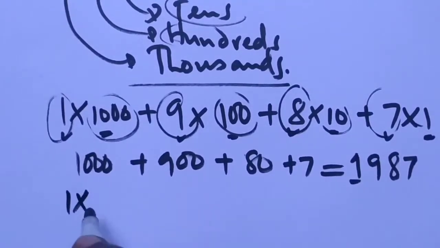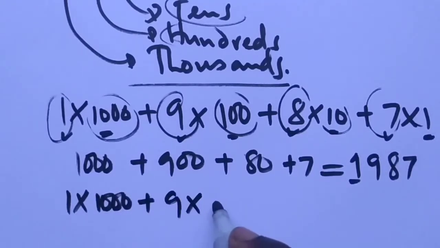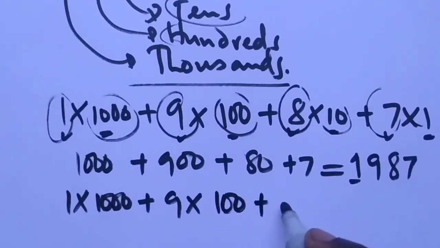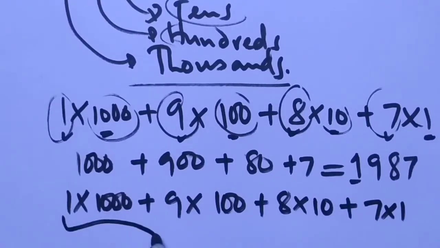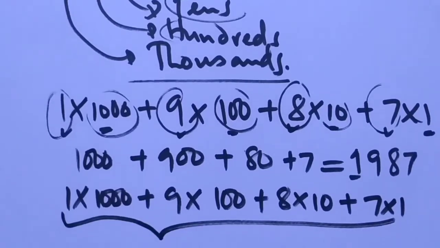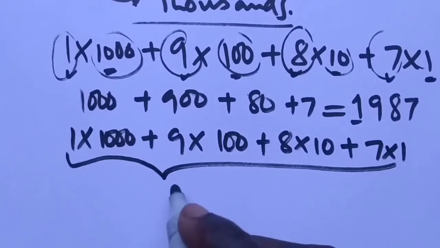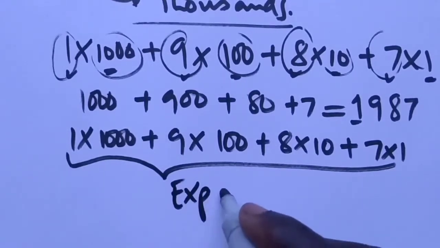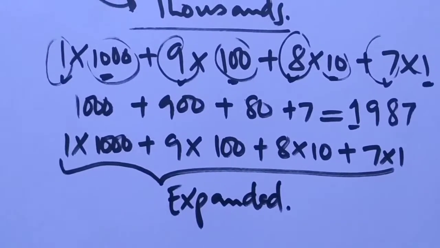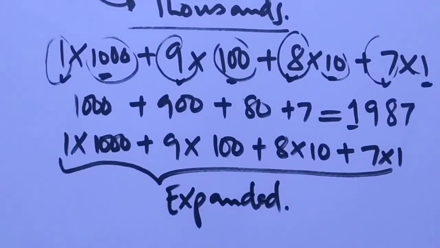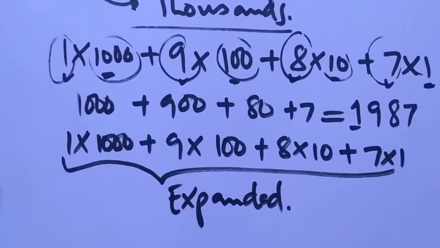Tukiandika 1 times 1000 plus 9 times 100 plus 8 times 10 plus 7 times 1. This is the expanded form of a number. And in this expanded form of a number, tunakuwa tuna number kwenye different place value.